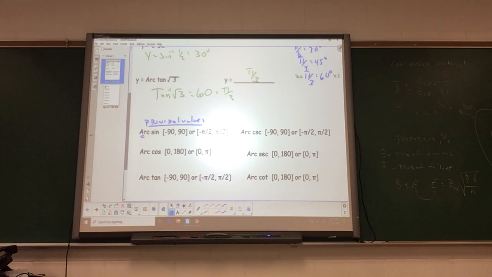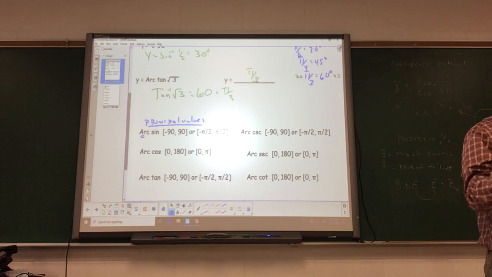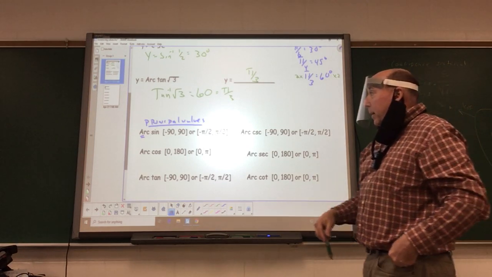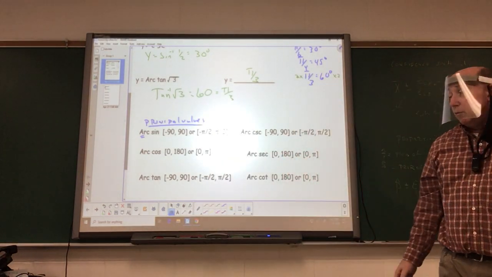Your calculator is set up that way also. If I take the inverse sine of a negative value, I'm going to be between negative 90 and 0. Your calculator will do that for you. If I take the inverse sine of a positive value, it's going to be between 0 and 90 degrees. Your calculator will do it for you.